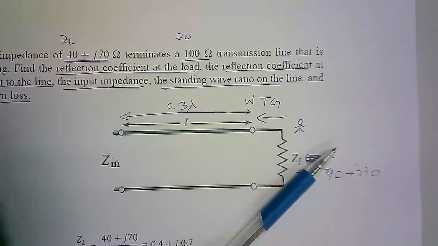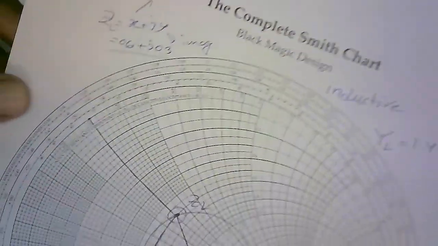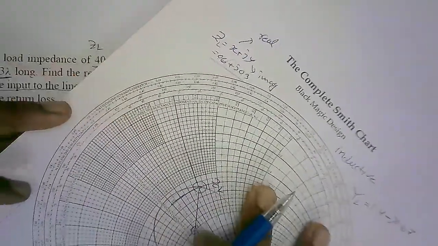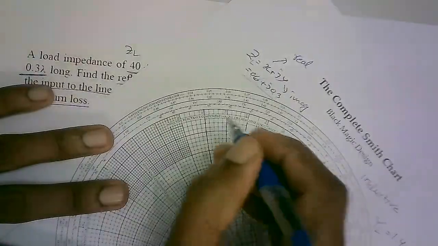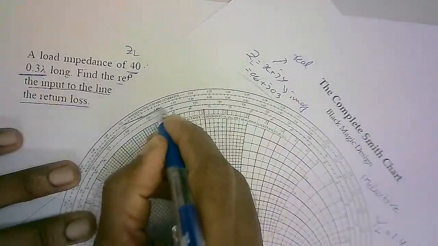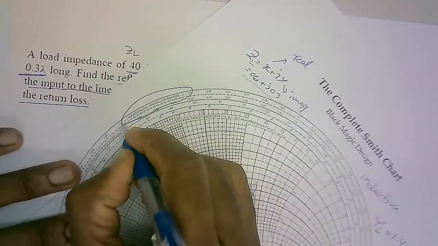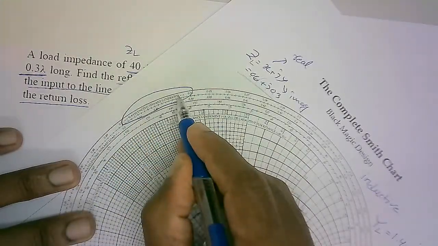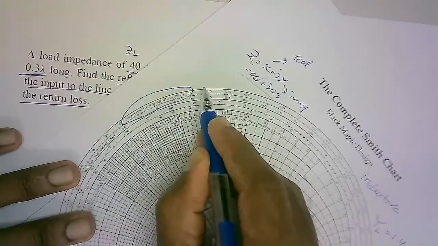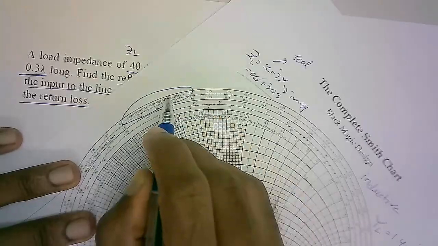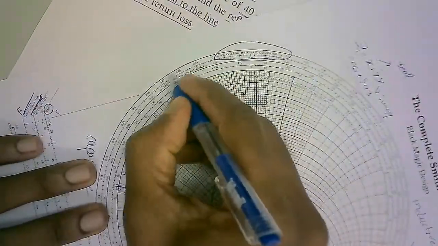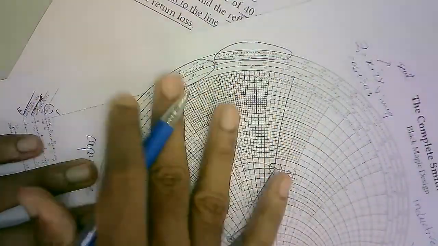How? We go back to the Smith chart. Here, check here, there is a certain place where we can find it. So here you can see this is the point. It says wavelength towards the generator, means if you move clockwise, then you will find the generator, and if you move anti-clockwise, then you will find the load.